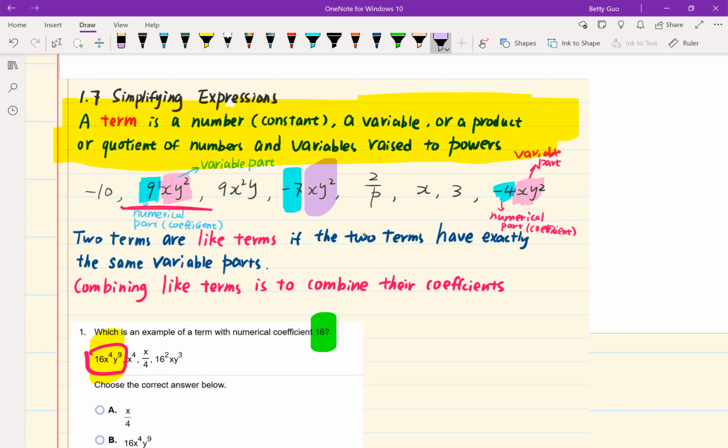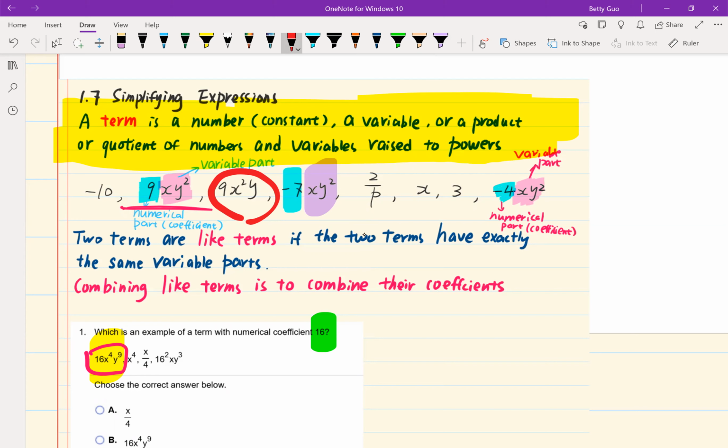And what about this guy? What about this term? Coefficient is 9. Variable part is x squared y. Why not? Neither has x, neither has y, it has squares. Not exactly the same, right? The variable part is x to the power of 1, y to the power of 2. But this is x to the power of 2, y to the power of 1.